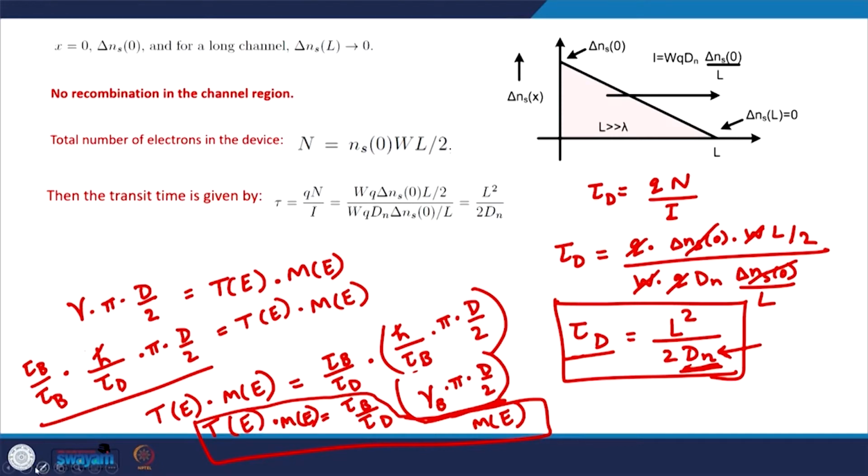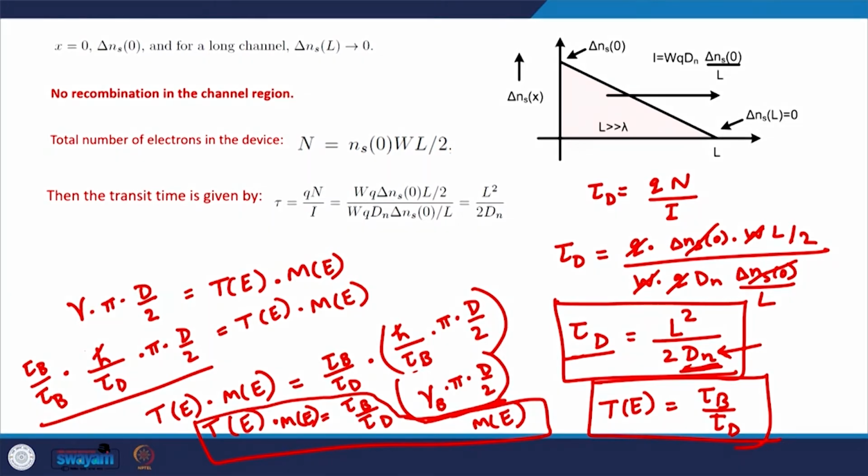Rewriting this, Te is equal to tau b divided by tau d. So, this transmission coefficient is essentially the ratio of the transit time in the ballistic case to the transit time in the diffusive case.